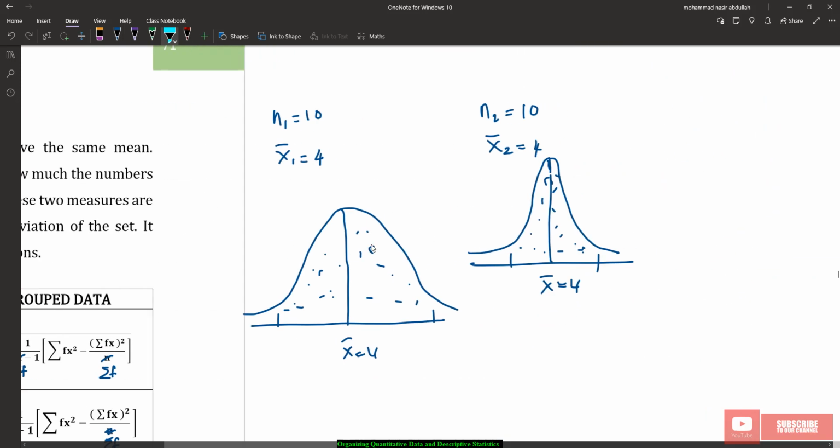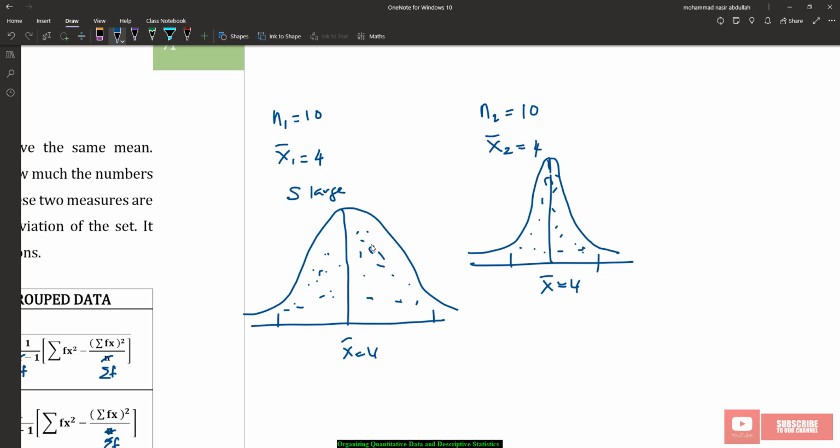right? So if you can see here, data yang ada kat sini, right, are widely spread around the mean. So that means what we can expect here, we're going to expect the larger standard deviation and larger variance compared to this distribution.